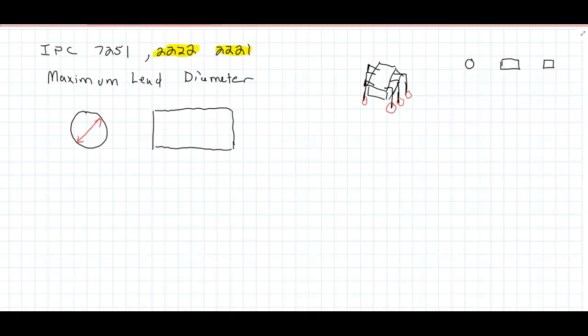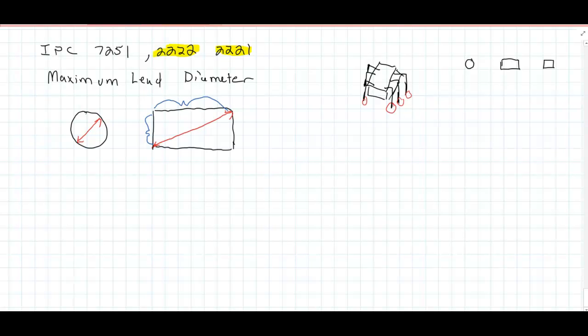In this case, though, we still define what we mean by the max lead diameter, and it's the diagonal of this thing. If you have a rectangular pin, often this dimension is easy to find. It's this dimension that is not as easy to find all the time.